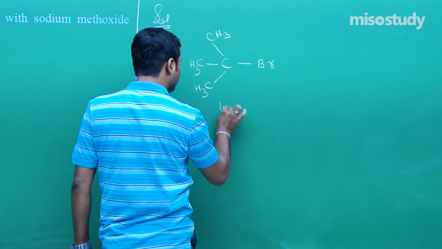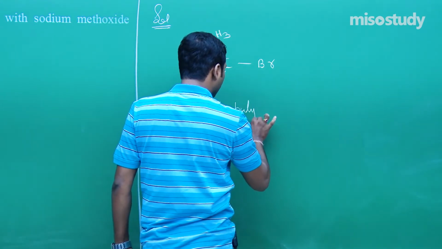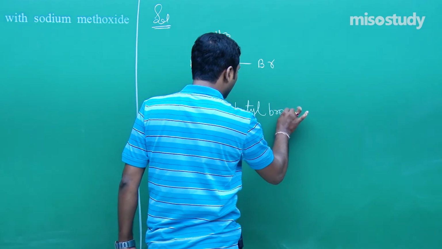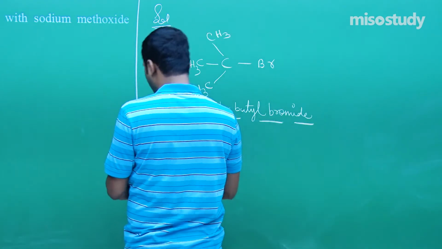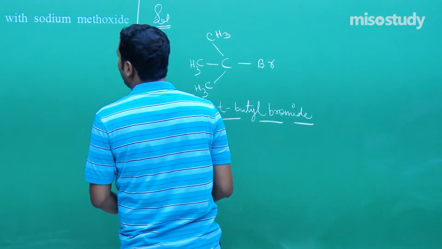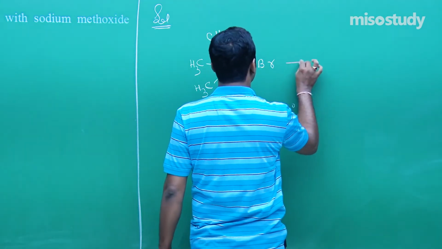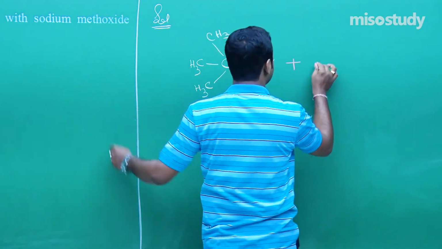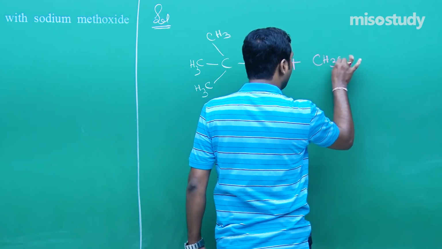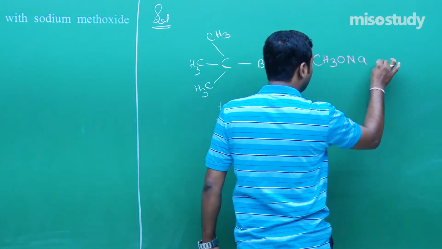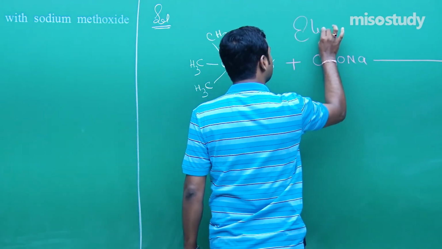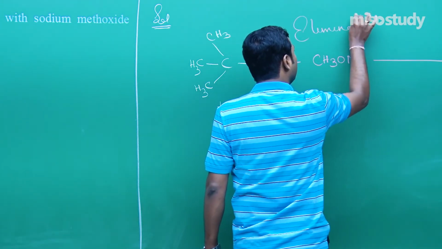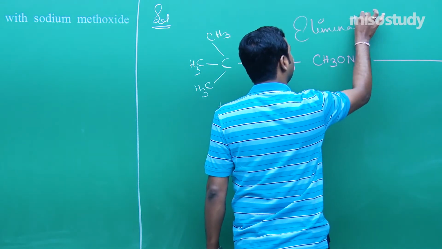This one is tertiary butyl bromide, clear to you, with sodium methoxide, CH3ONa. What will happen? Remember this, in this case not substitution, elimination reaction takes place.